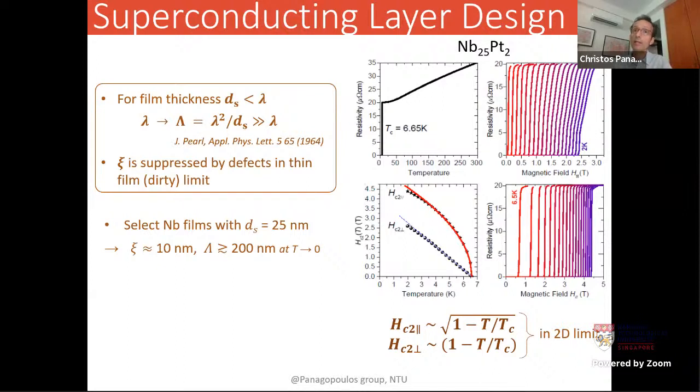Then, by measuring magnetotransport and magnetization, we could apply Ginzburg-Landau analysis to estimate the superconducting coherence length and the Pearl length of our niobium layer. Through that, we find that the coherence length is 10 nanometers and the Pearl length around 200 nanometers.